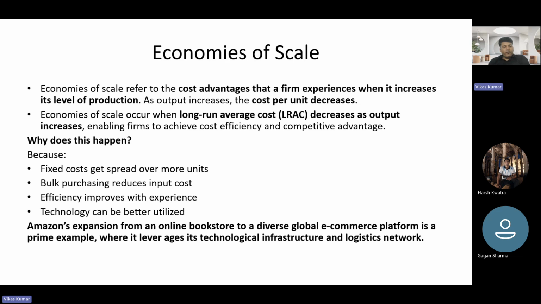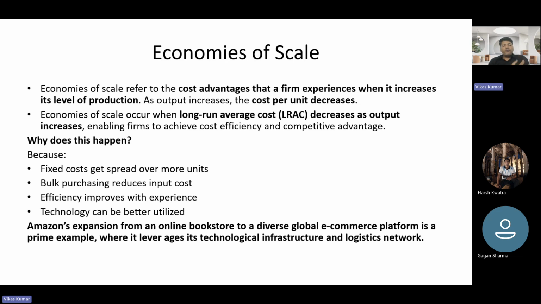If I take an example to understand economy of scale, Amazon's expansion from an online bookstore to a diverse global e-commerce platform is a prime example. It leverages its technological infrastructure and logistics network, which they built when they started in 1994, when they were only selling books through an online bookstore.